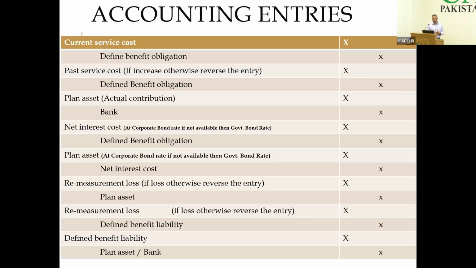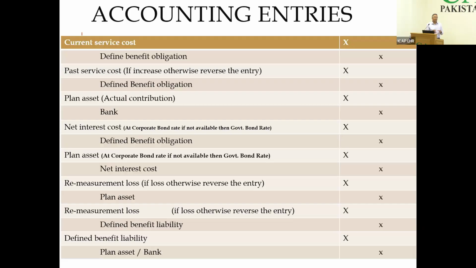If you have any return on plan asset, as I already said, we will use the same interest rate for discounting of defined benefit liability and return on plan asset. But there's a difference in recognizing the return on plan asset. There is an actual return, there is an expected return.